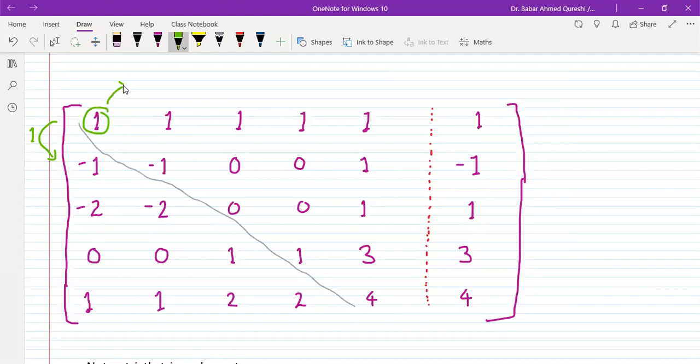They create terminology just to sound more academic, but they mean simple things. The pivot is just the element which you are adding to other elements. So multiply this row by 1 and add over here. I'm going to start changing it. You get a 0.